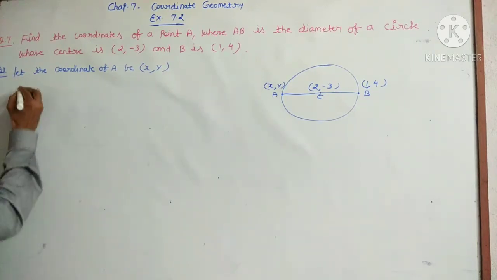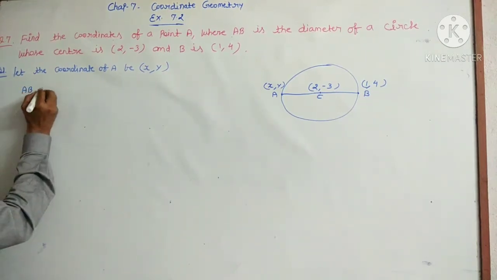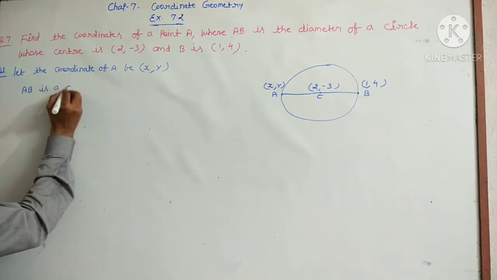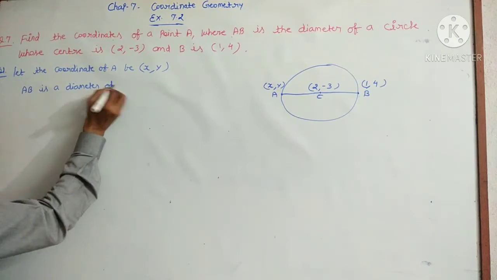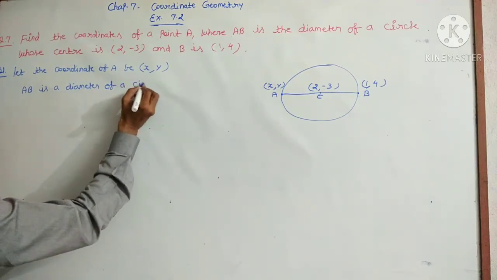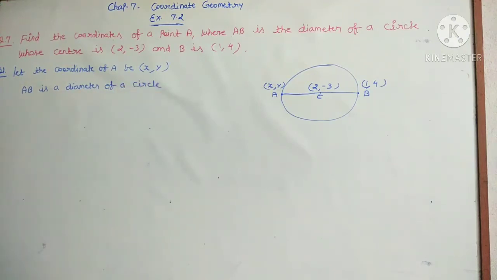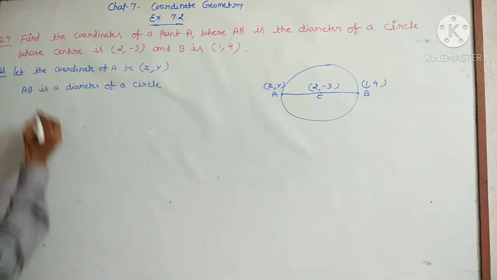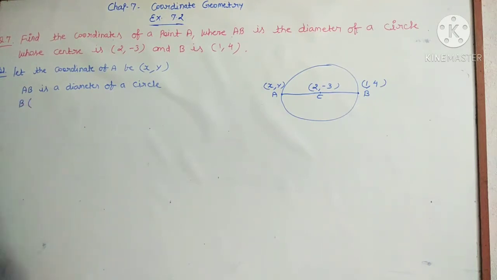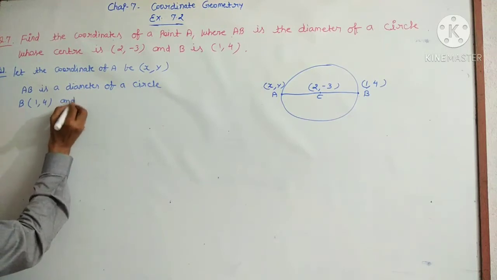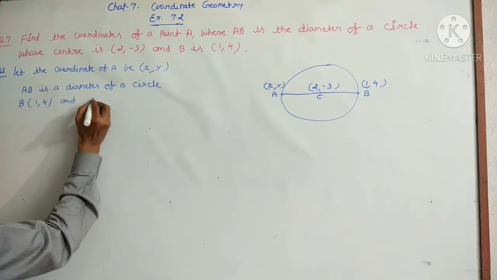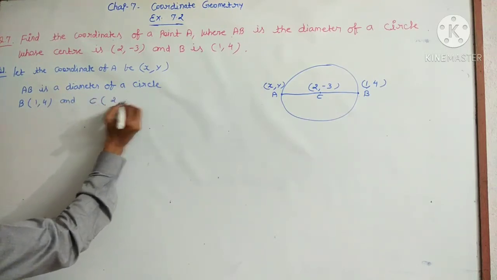Now AB is the diameter of a circle, is given also, and the coordinate of B is (1, 4) and the center has coordinate C, that means (2, -3).